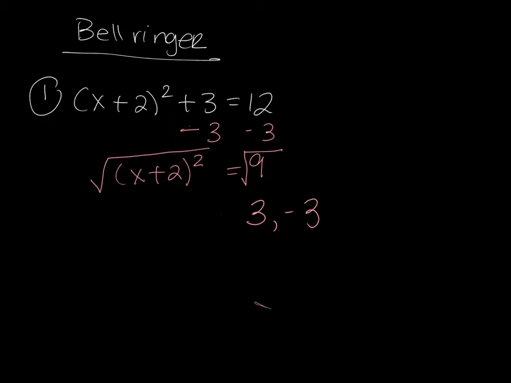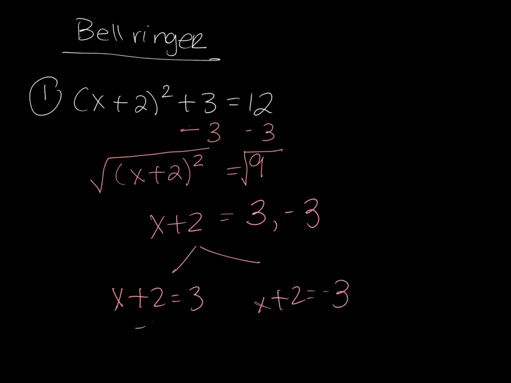So we have x plus 2 equals these two answers. We're going to set up two different situations. x plus 2 is going to equal 3, and x plus 2 is going to equal negative 3. So we have to solve it twice. Subtract 2 on both sides. x equals 1, and x equals negative 5.